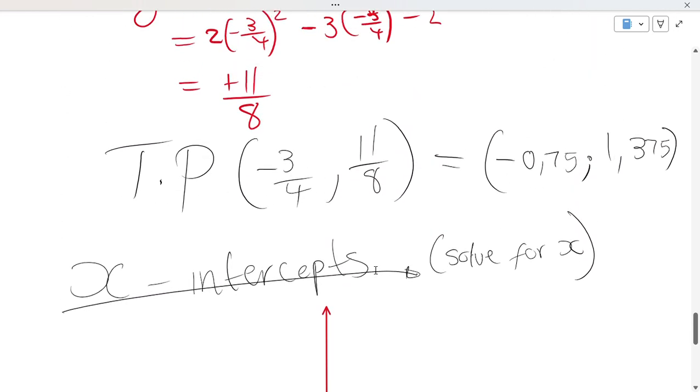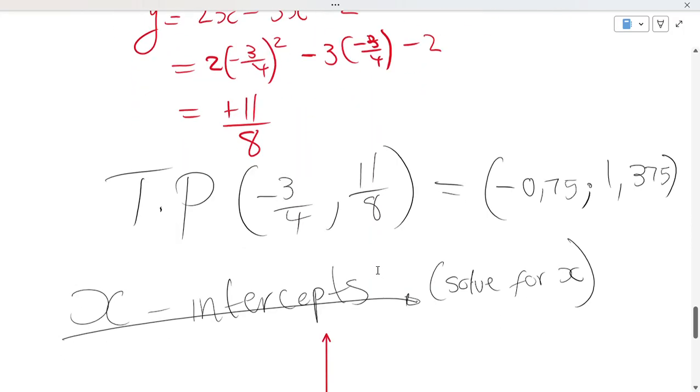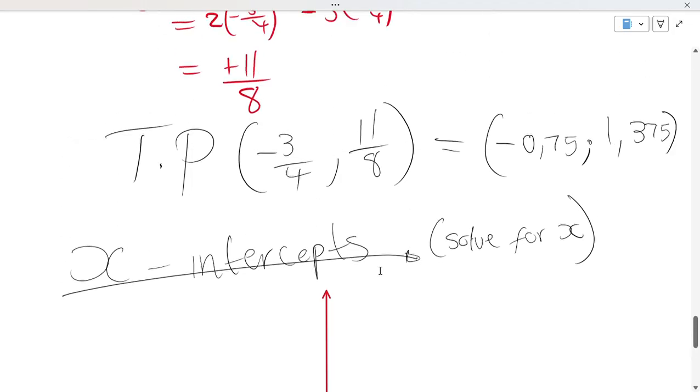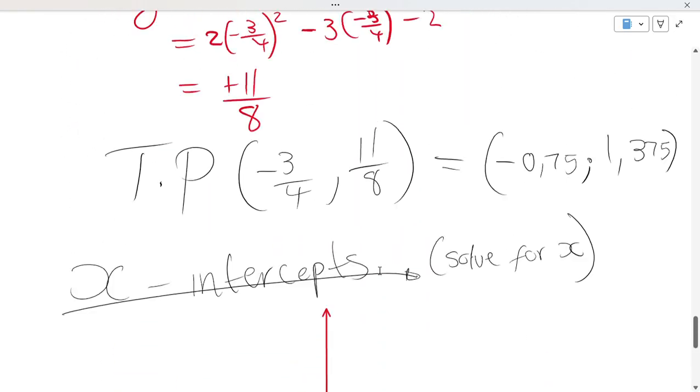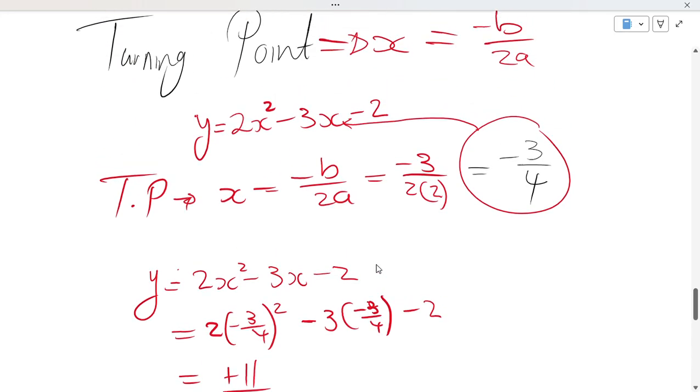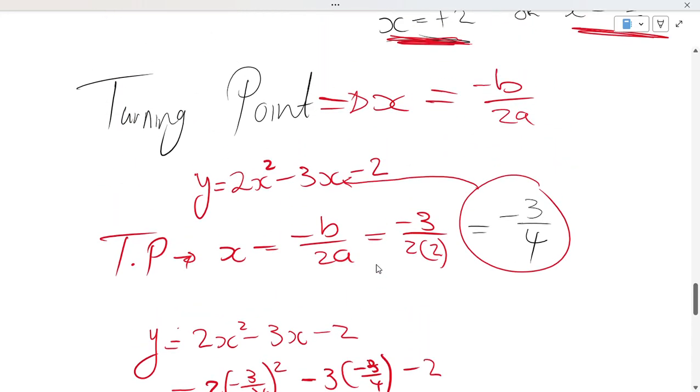What's wrong with this one? Is our turning point making sense? You see why it's not making sense? The x value here, you said minus b.